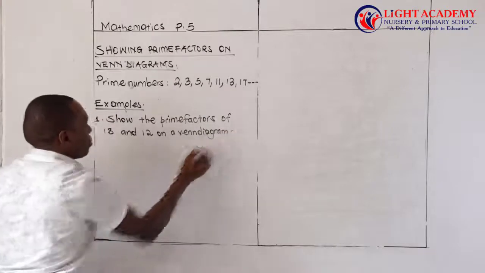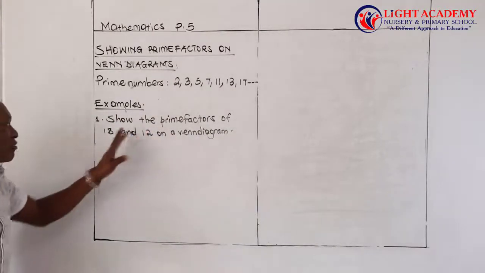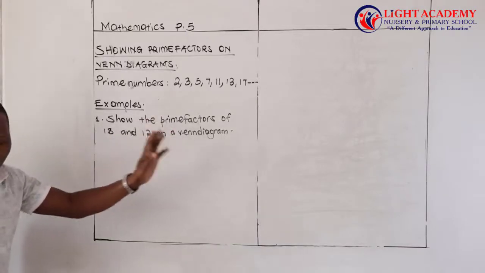This is the first question we are having. They are telling us to show the prime factors of 18 and 12 on a Venn diagram.